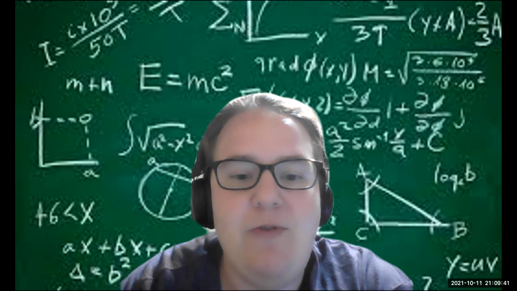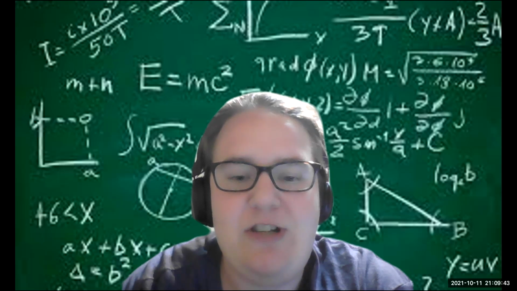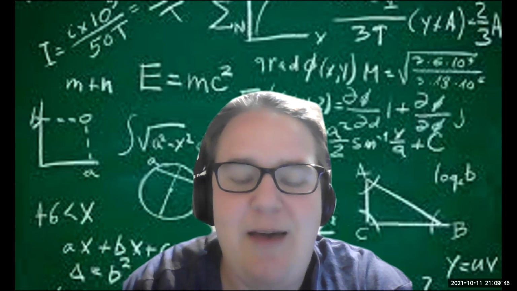So if we're looking at our equation that we had, that y equals mx plus b, say we had an equation that was something like this, y equals 1 over 2 x plus 3.